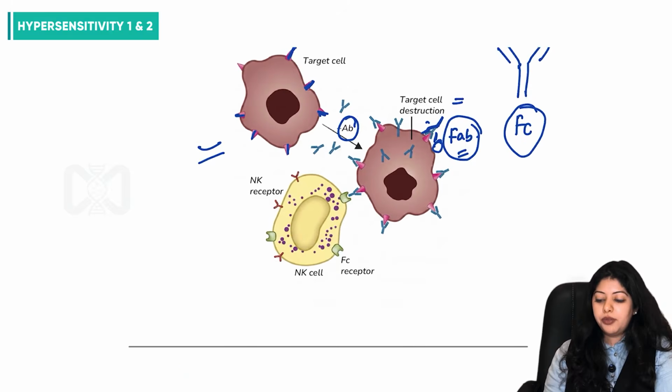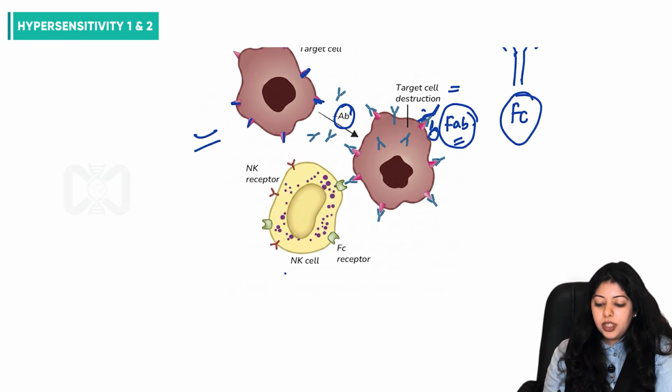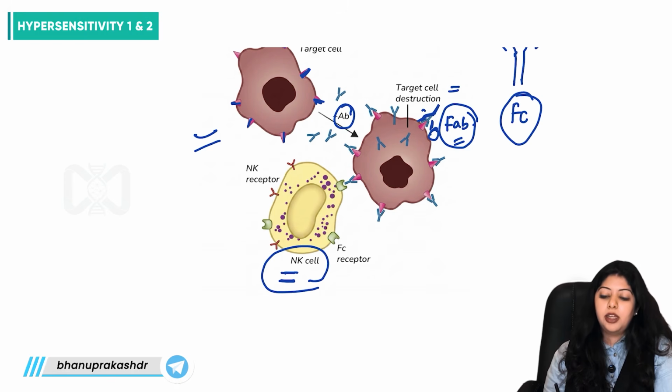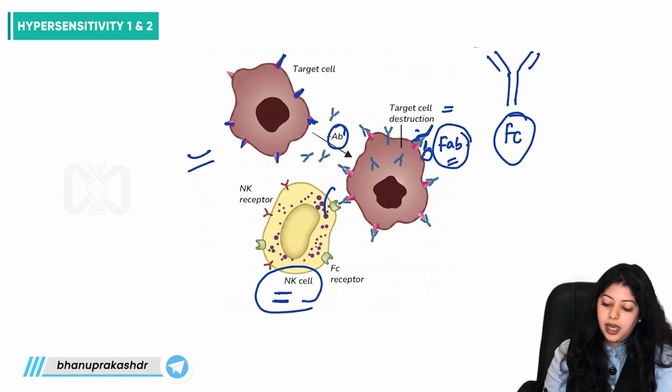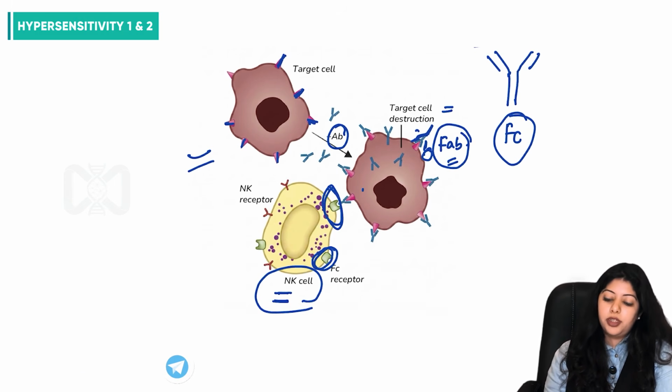Now certain other important cells like NK cells have FC receptors for the antibodies.